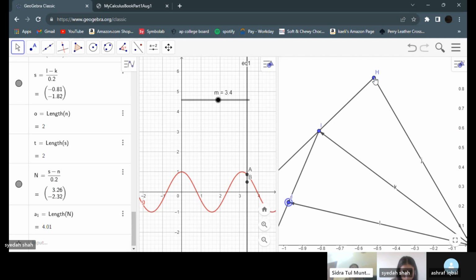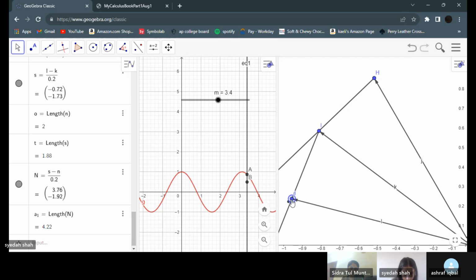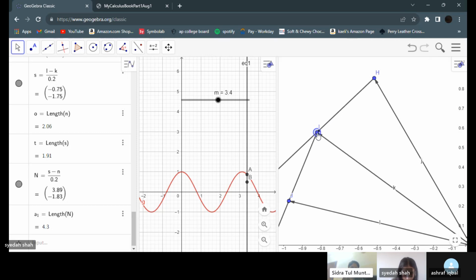Okay, so now your lengths are almost 2, 2, and 4. The velocity vectors are of length 2, and don't make them bigger than 2. If it is less than 2, it's fine, but don't make them bigger than 2. A little bit of change is fine.